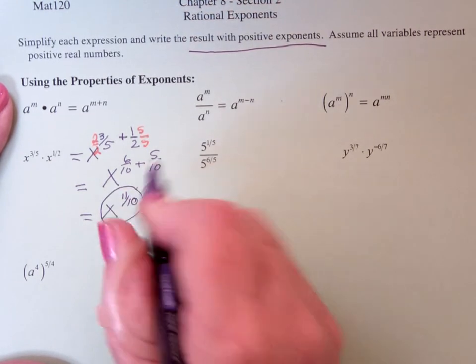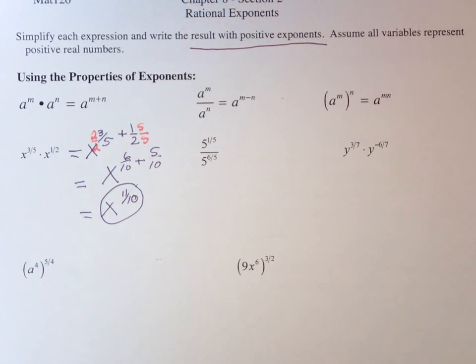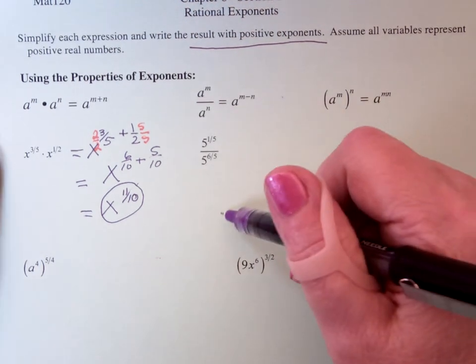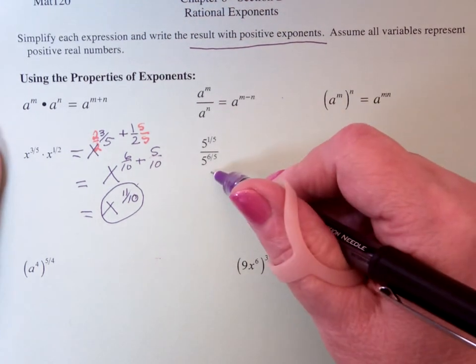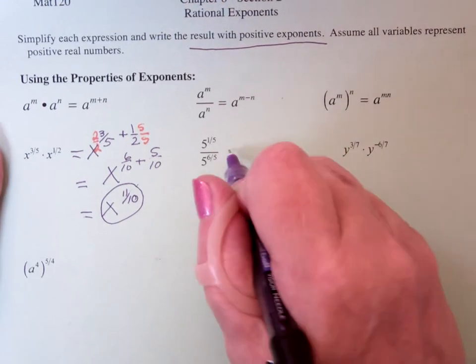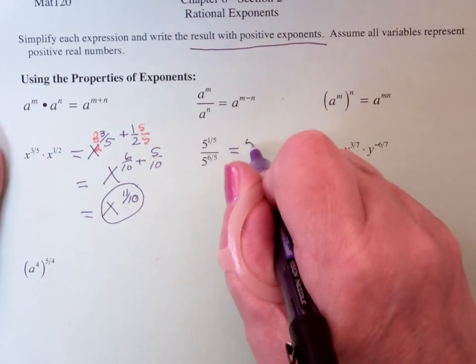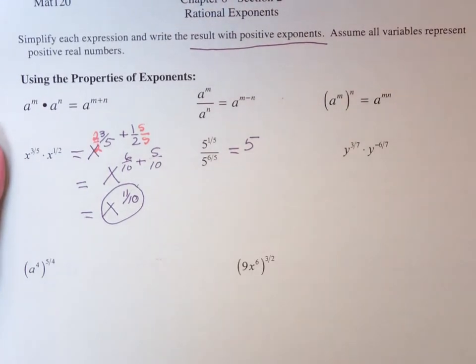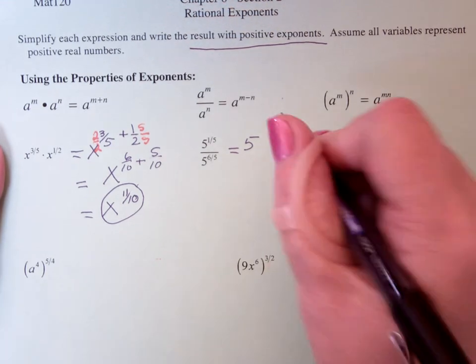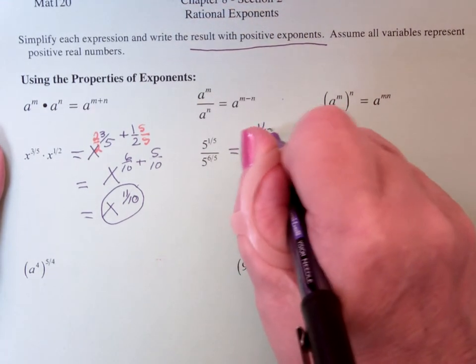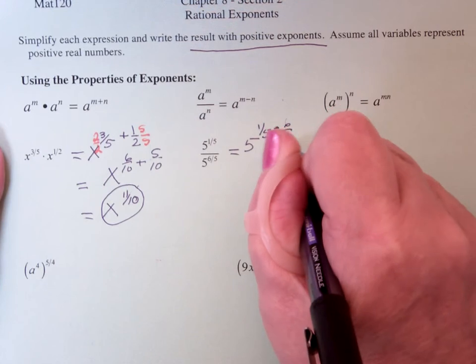Now I've got something that is under a single radical. Next, 5 to the 1/5 divided by 5 to the 6/5. If the bases are the same, you subtract the exponents, so it's 1/5 minus 6/5.